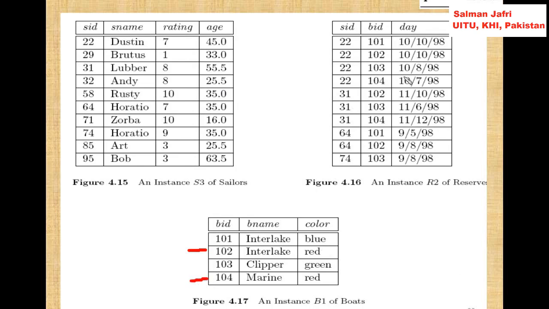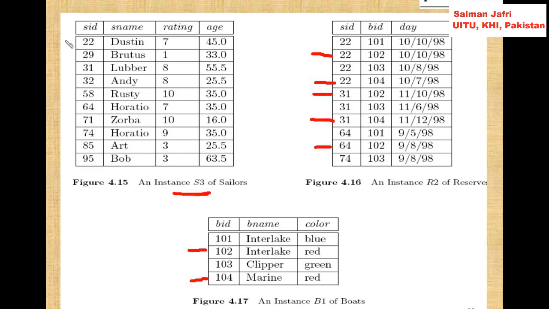Now we have this natural join with reserves. So all rows of 102 and all rows of 104 would be selected. So this row would be selected, this would be selected, this would be selected, again this would be selected, and this would be selected. Total 5 rows would be selected.